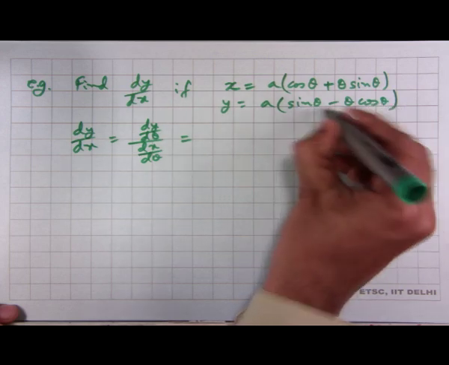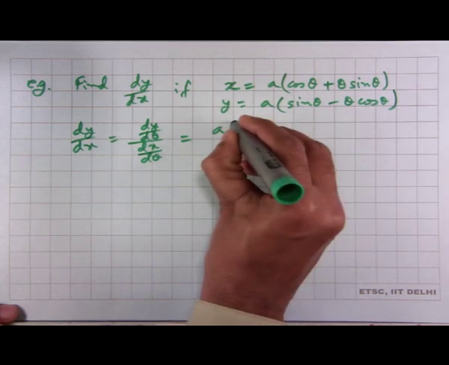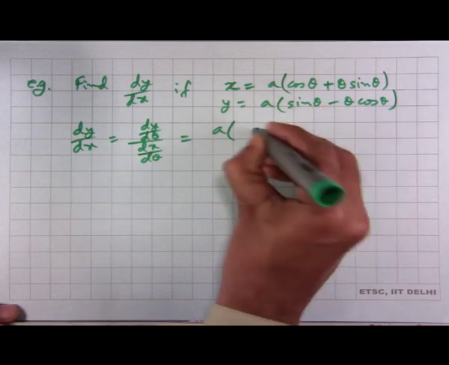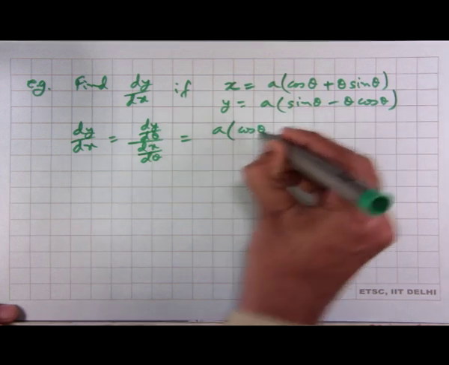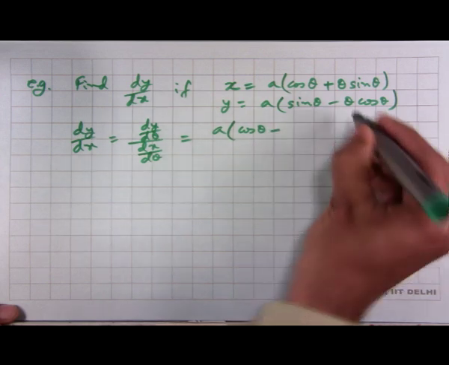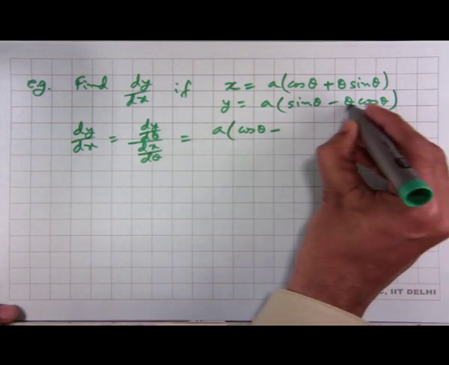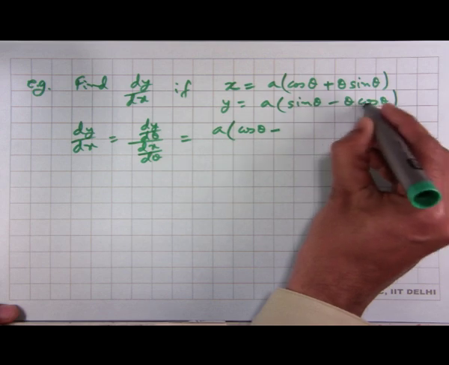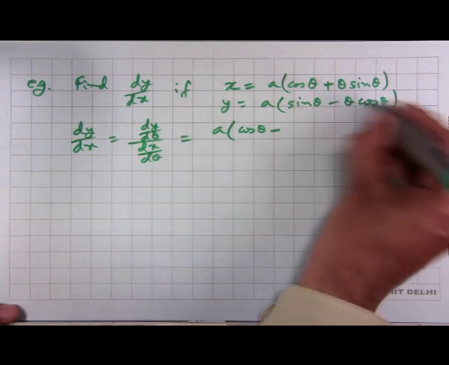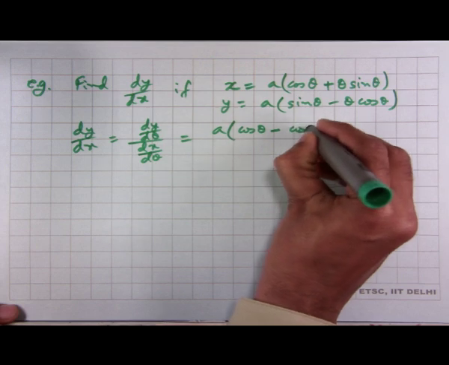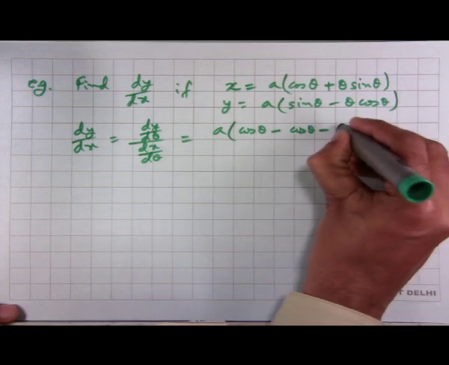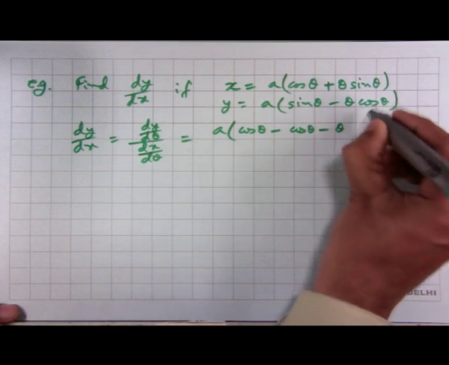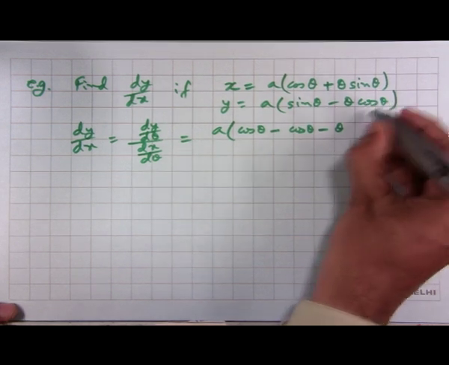dy d theta is equal to a times, if you differentiate this, sin theta gives cos theta, minus derivative of theta cos theta will give, by product rule, derivative of theta is 1. So, this gives cos theta minus theta times cos theta derivative is minus sin theta.